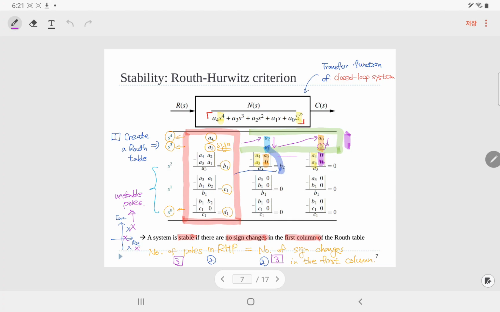이 B1이 분모로 들어간다. 이건 패턴이에요. 자, 그 다음에 분자들은 전부 마이너스 디터미넌트예요. 네거티브 디터미넌트예요. 근데 각각 이 디터미넌트 안이 2x2 행렬인데 무엇으로 구성되는지를 잘 보란 얘기예요. 첫 번째 로우의 제일 첫 번째 열은 전부 A4, A3예요.